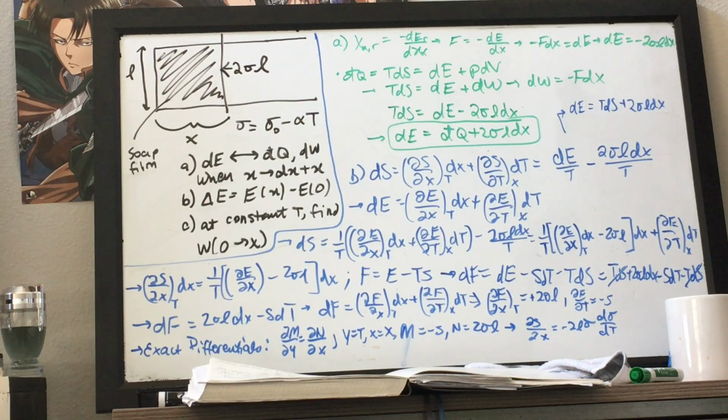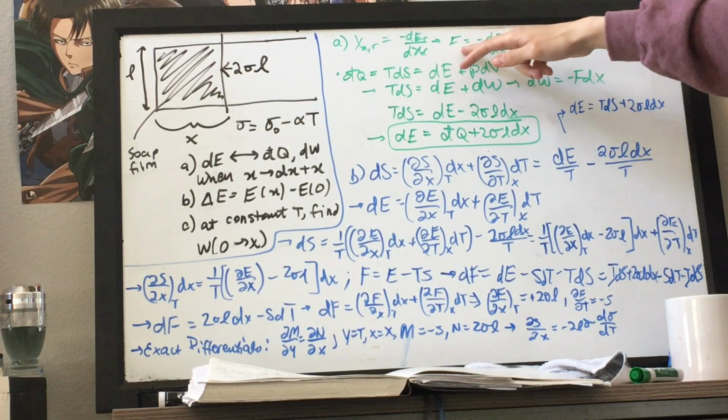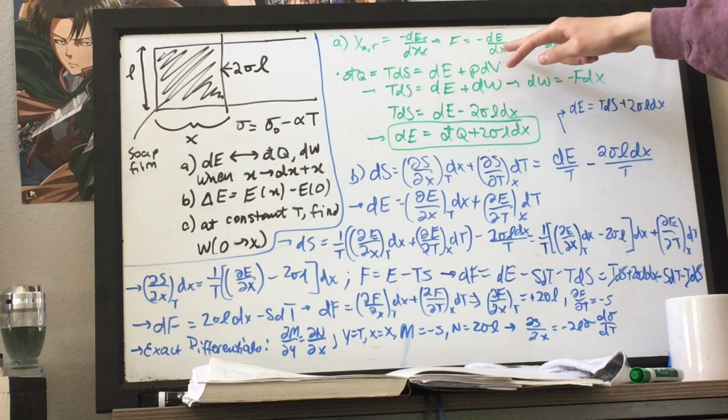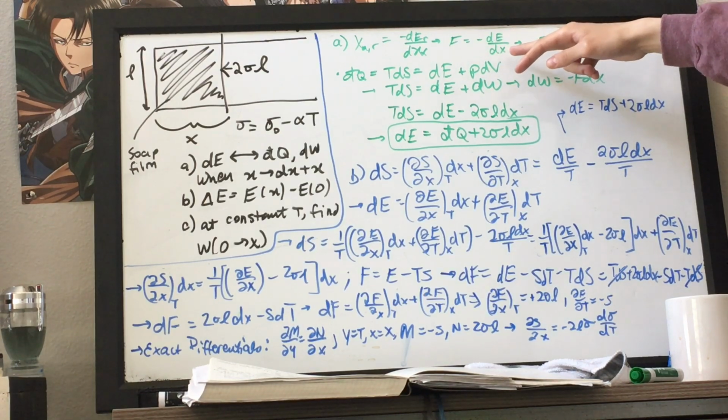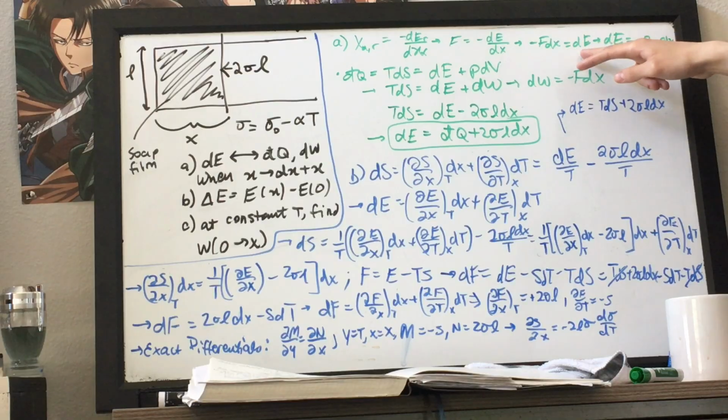If we have some generalized force, we can say that F is equal to the negative change in energy divided by that change in distance dx. Doing some separation of variables, we can write our change in energy as negative 2 sigma times the length times that infinitesimal change of position dx.